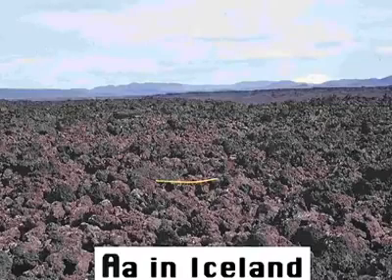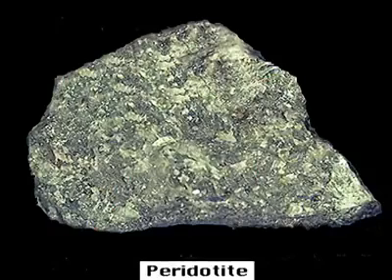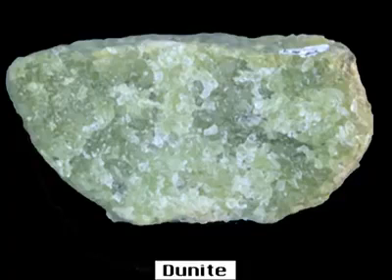As mentioned, extrusive equivalents of ultramafic rocks are rare, and exposures of the ultramafics themselves, peridotite and dunite, are few, for they crop out only in the mountains formed when an oceanic plate has ridden up over a continental one, and in very old and eroded Archean terrains.